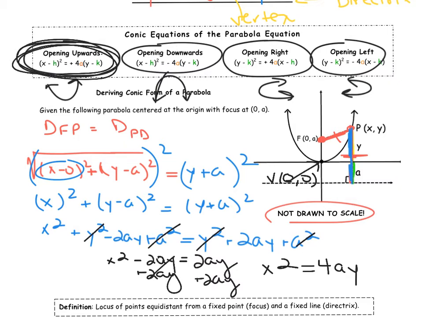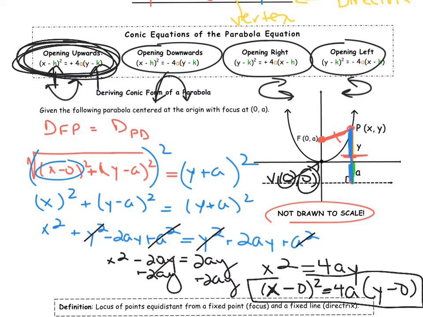So I'll have x minus 0, we use the x value of the vertex, which is 0, squared is equal to 4a times y minus 0, because that k value is the y value of the vertex. And there you guys have it. We just derived the parabola formula from a conic. Okay? All right, let's keep going.